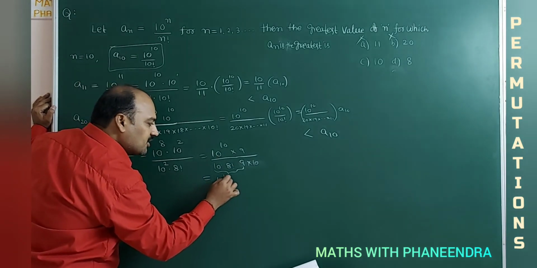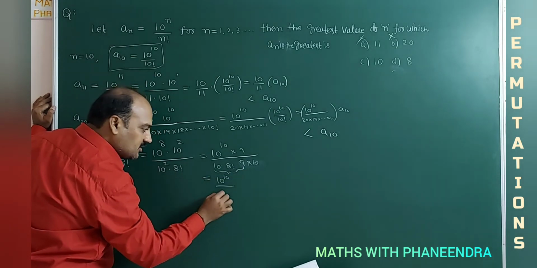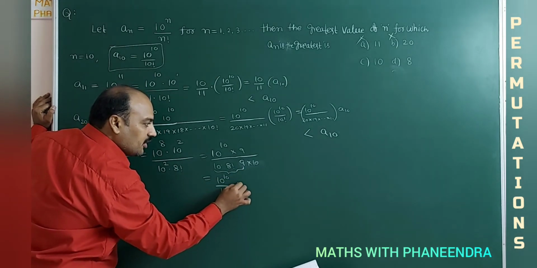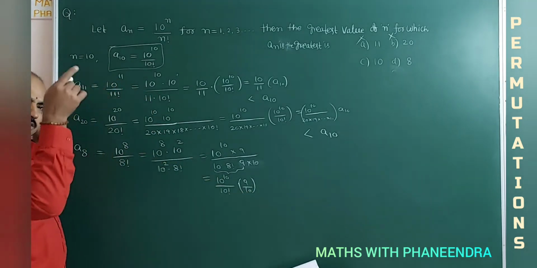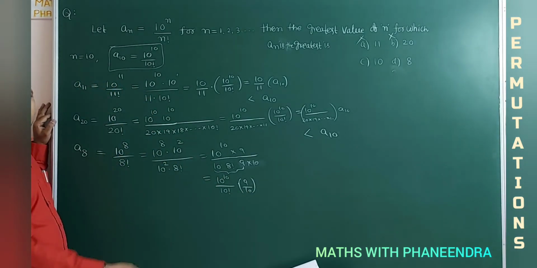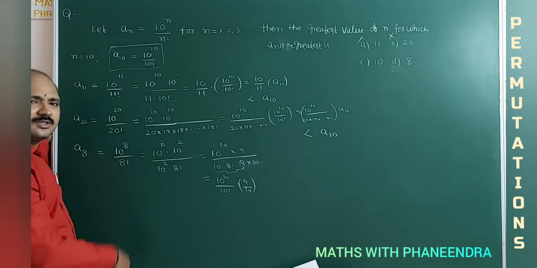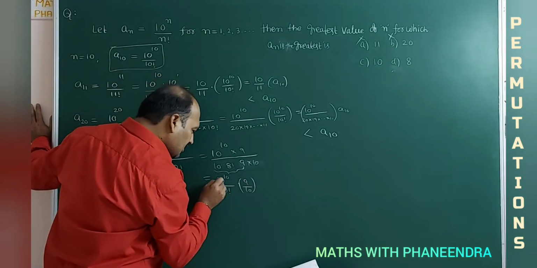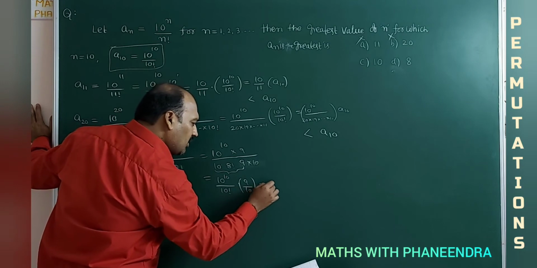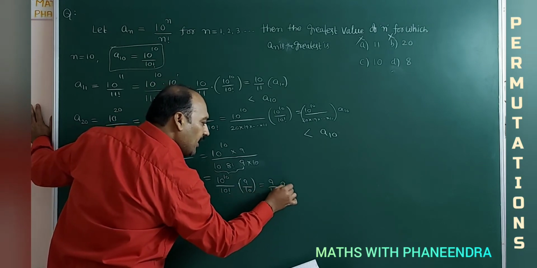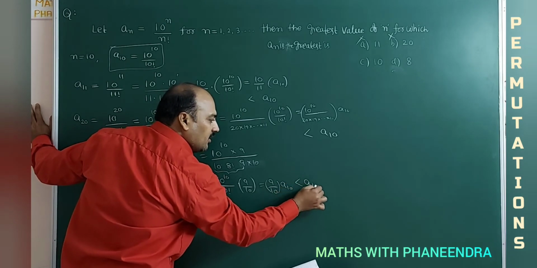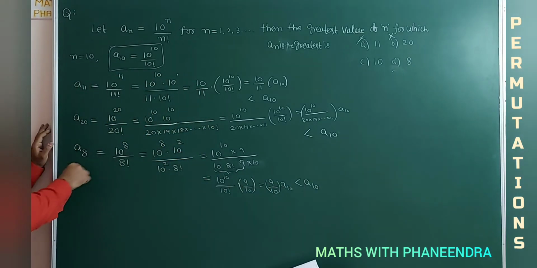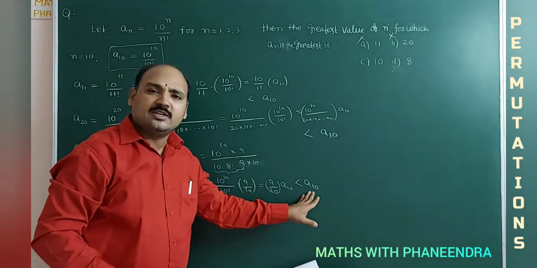So 10 power 10 divided by 10 factorial, into 9 by 10. By observing, 9 by 10 is also less than 1 only, 0.9. So this value 10 power 10 by 10 factorial is a10, and we get 9 by 10 into a10. So obviously this value is also less than a10. So a8 is also less than a10, which means the a10 value is the greatest.